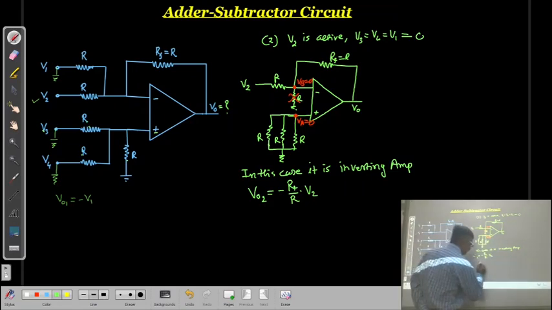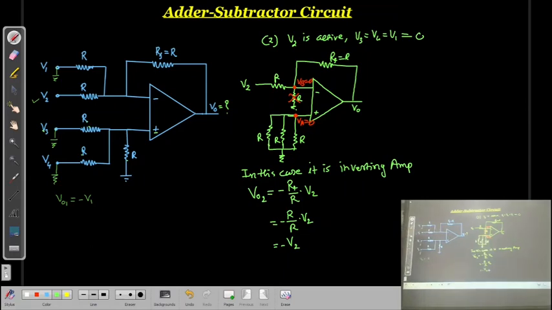Here both are the same, so this is minus R by R into V2, and this is equal to minus V2. Correct? So here we will write that my VO2 is equal to minus V2.